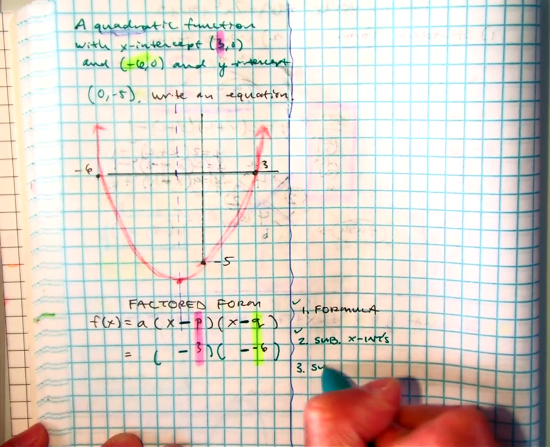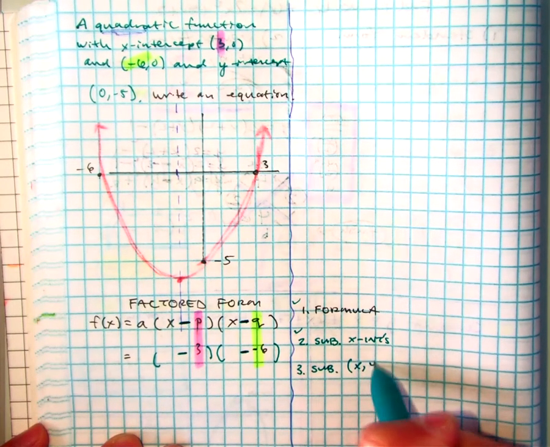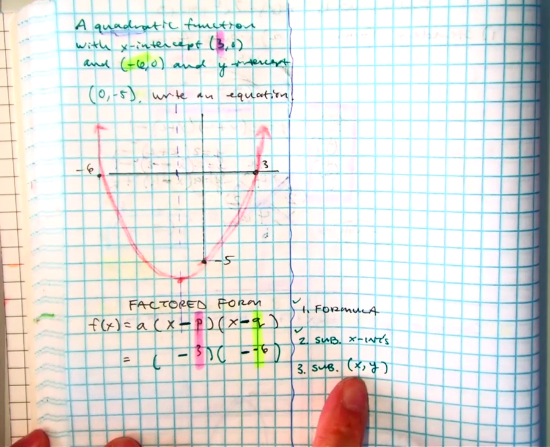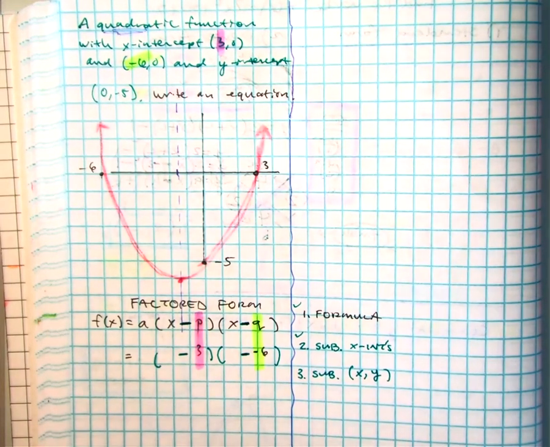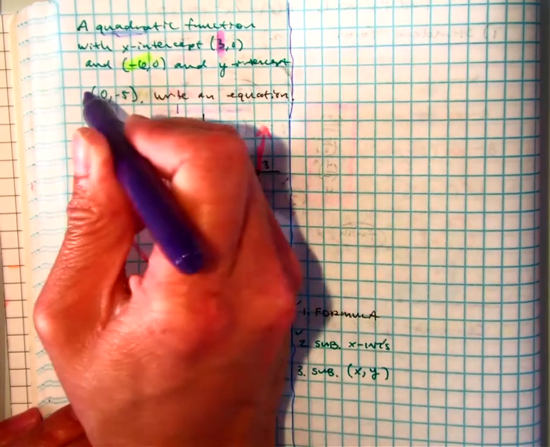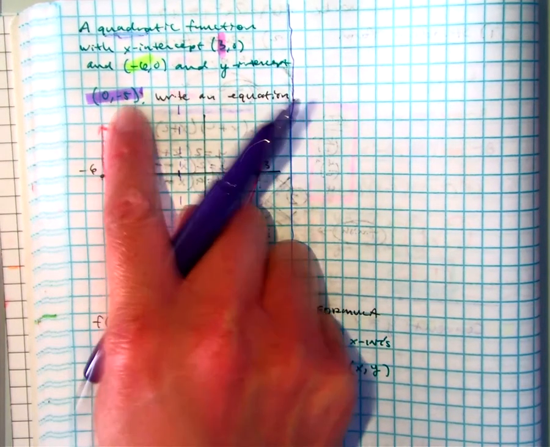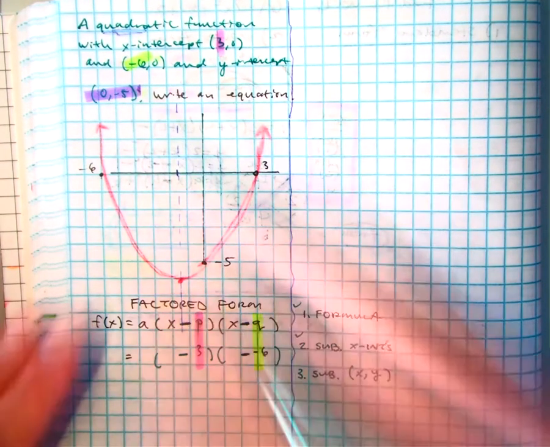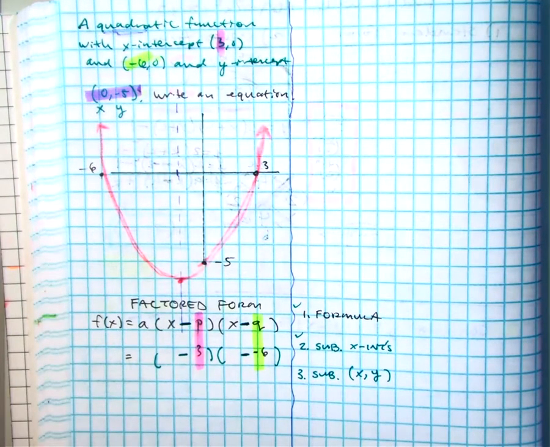Alright, so we wrote down the formula, substituting our x-intercepts. Let's now substitute in the other coordinates. The other coordinate that they gave us is this one. They gave us a very special point. The y-intercept is (0, -5). So basically my x-coordinate is 0 and my y-coordinate is -5.